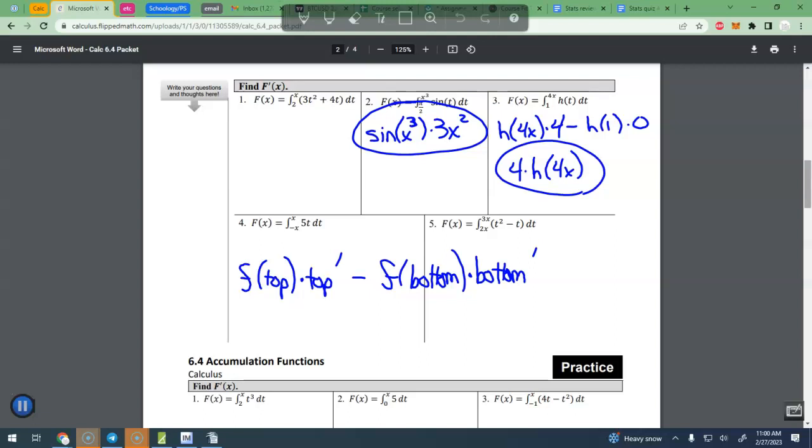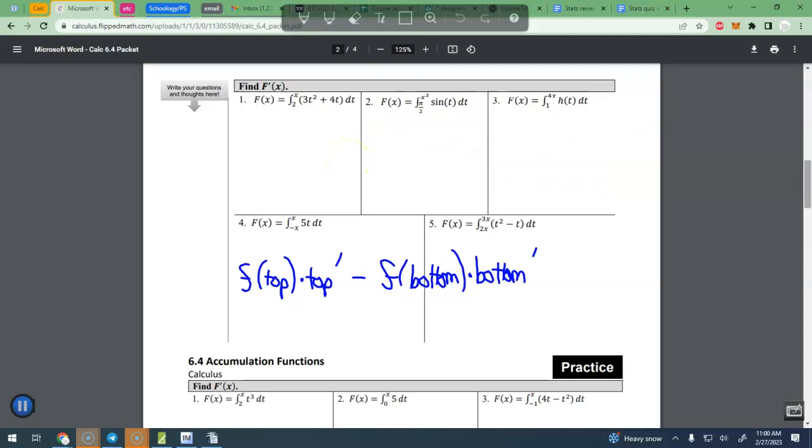Okay, I look at number 4, so I've got to erase this now. So if I do 4 up here, my job is to plug in the top, which would be 5 times x, so that's f of top, times top prime. Well, the derivative of x is 1. Minus, remember this is not number 1, I'm doing number 4.